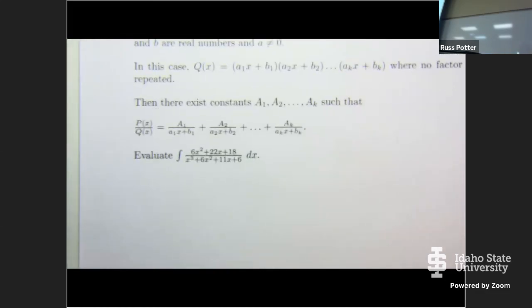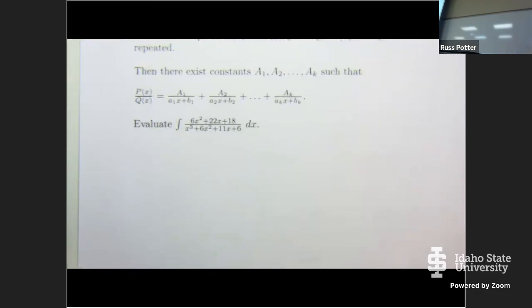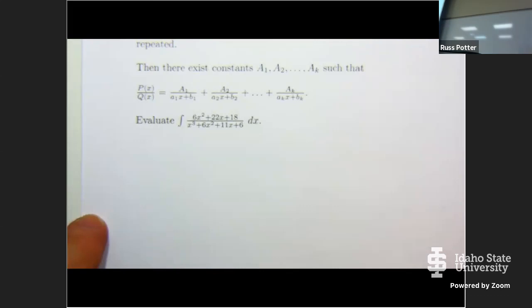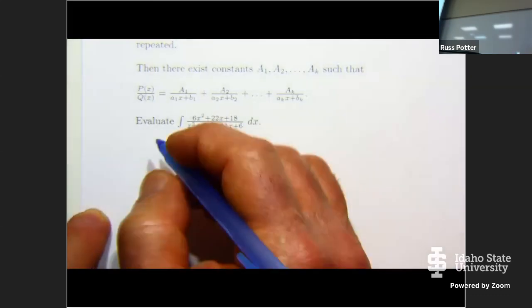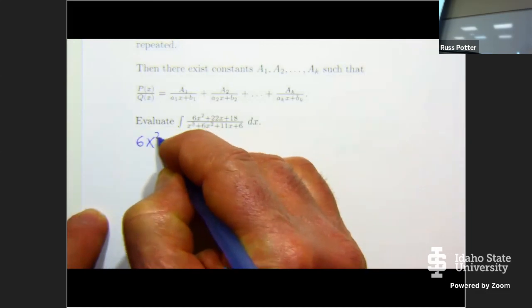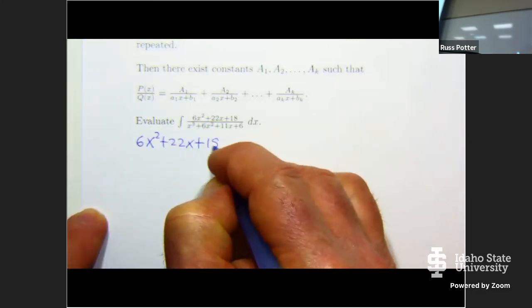Well, using some techniques from algebra, we could determine what the factorization of the denominator is. But we won't go into all that detail. I'll just rewrite the numerator 6x squared plus 22x plus 18.